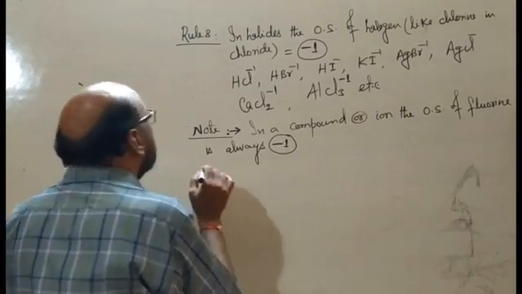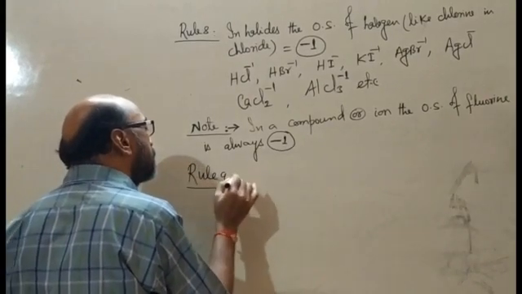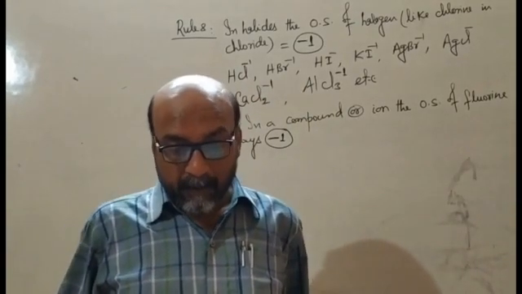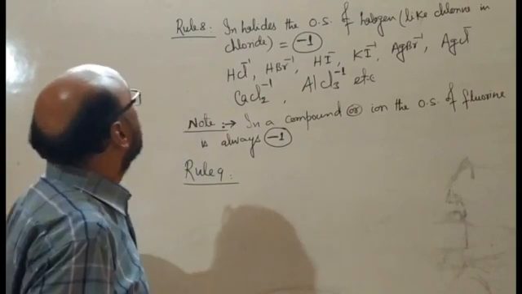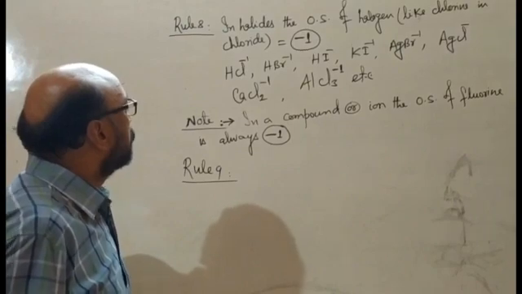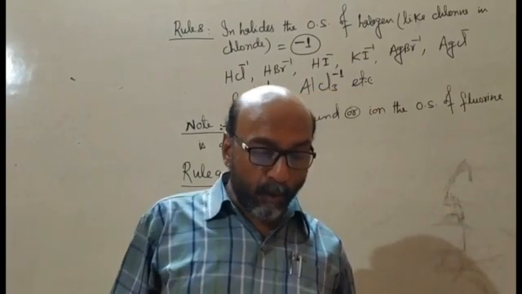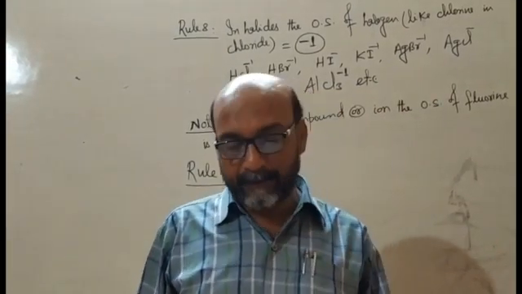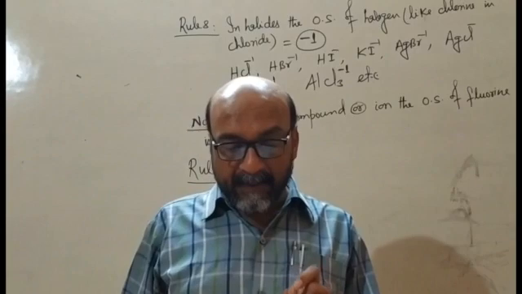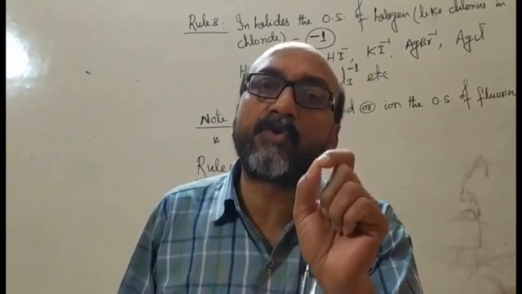Now, rule 9 is the oxidation state of oxygen in any compound or in any ion is usually minus 2.